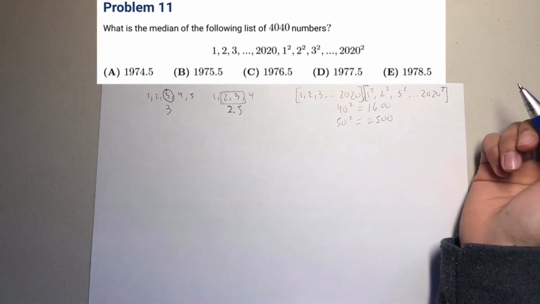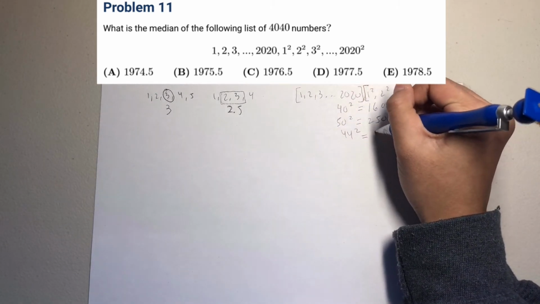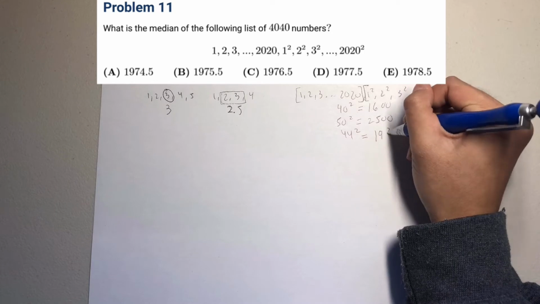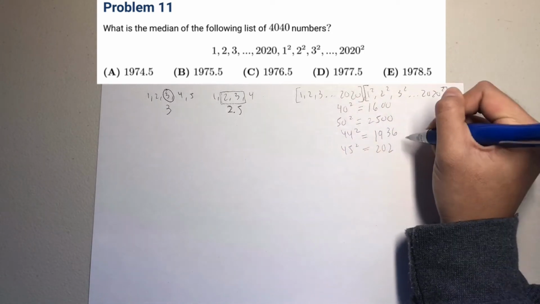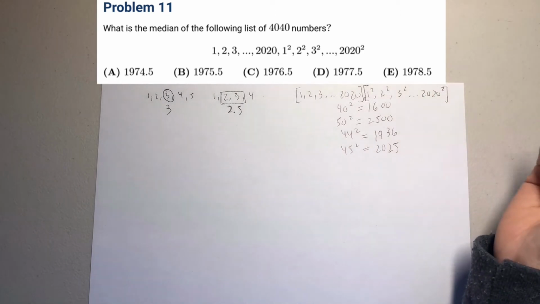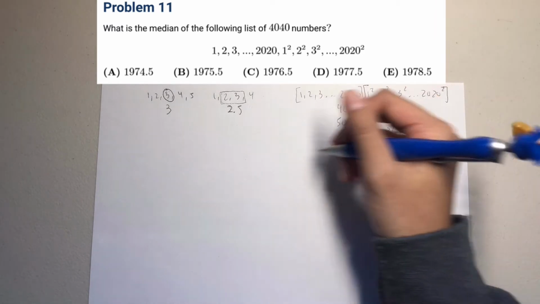So since I've already done the problem, I know that 44 squared is equal to 1,936, and I know that 45 squared is equal to 2,025. And so if we rewrite the list, it'll look something like this.